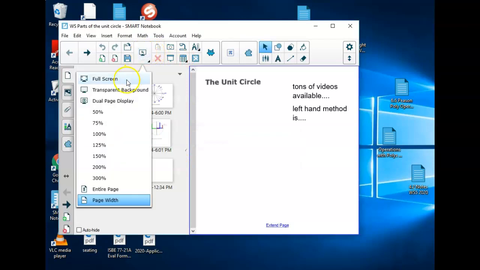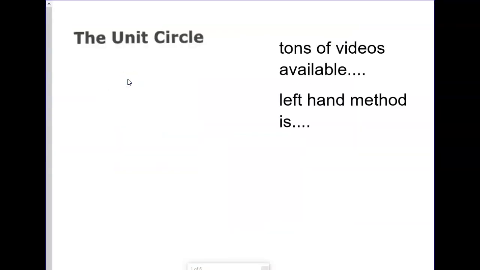Okay, there are a lot of unit circle songs and tricks for memorization of the components. There are some arm movements you can do for the radian families, like pi over 6, pi over 4. I don't remember what it is because obviously I'm not capable of memorizing things like that.